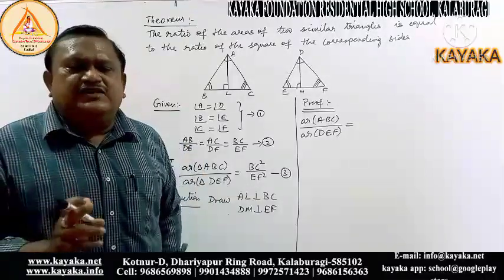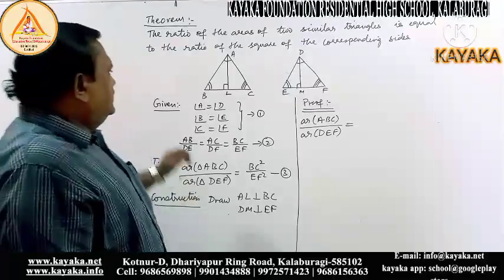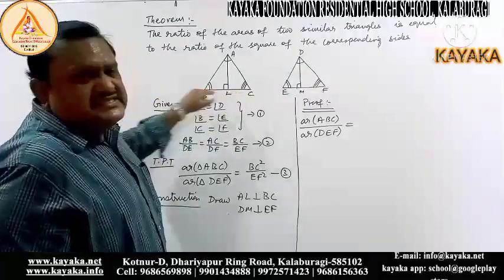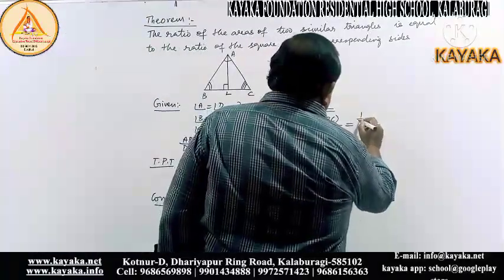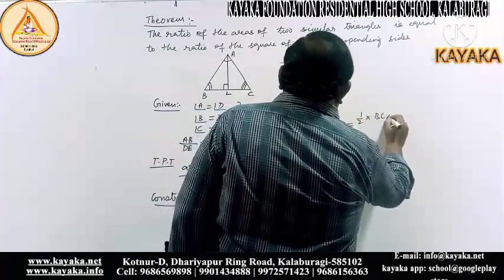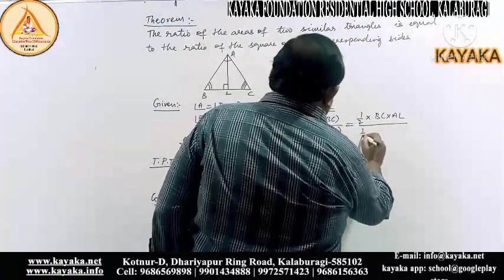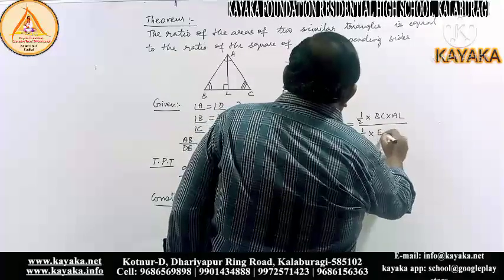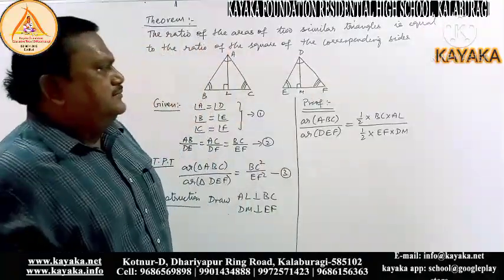Area of a triangle is half into base into height. Therefore, you can take BC as the base and AL as the height. So you will get half into BC into AL divided by half into EF into DM.